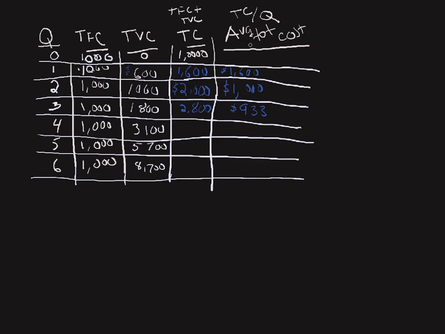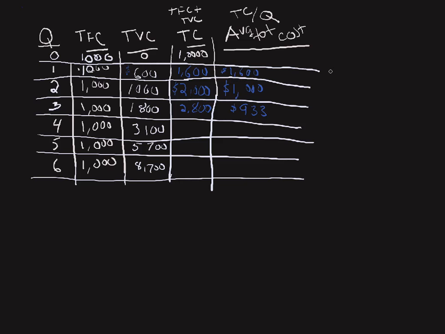Our average total cost has gone from $1,600 to $1,000 to $933. Why? Well, our average total cost is going down. We're adding resources. They're more productive. As we add resources, we get increasing marginal returns up to a point, so per unit, our costs are going down.